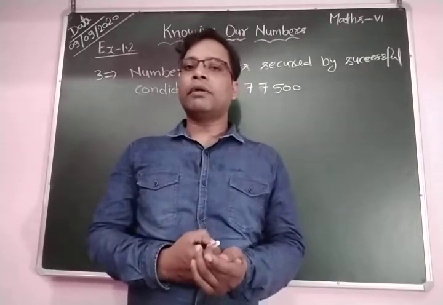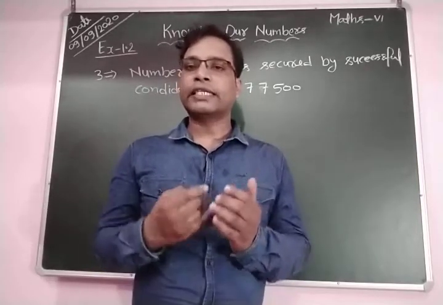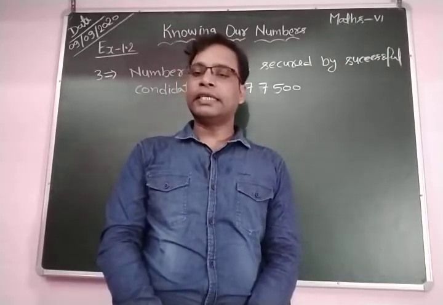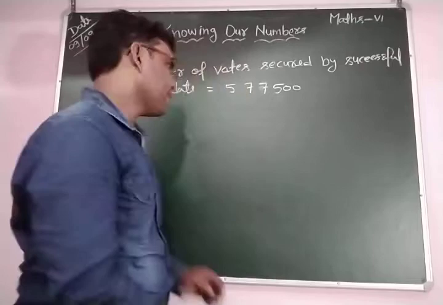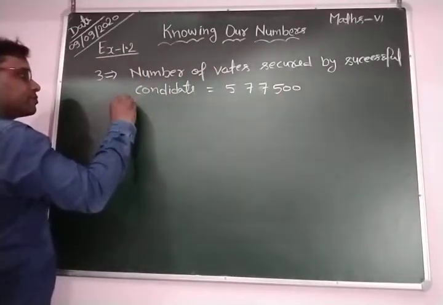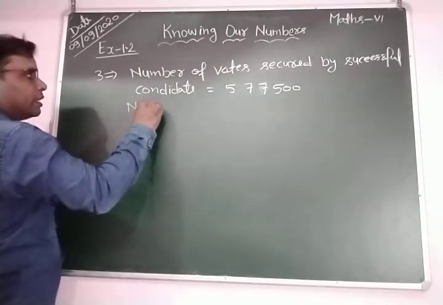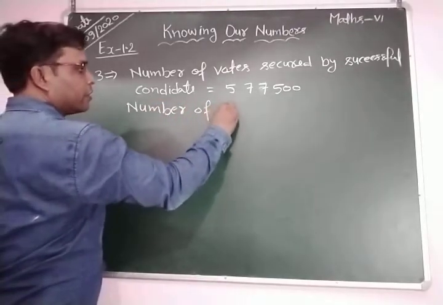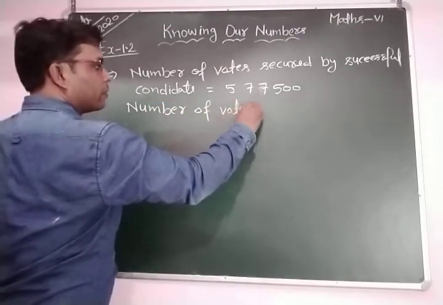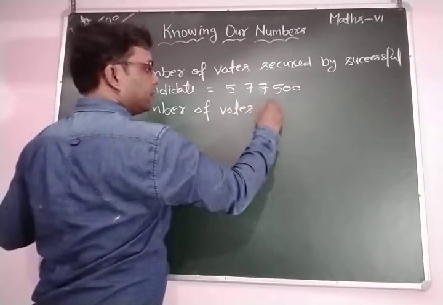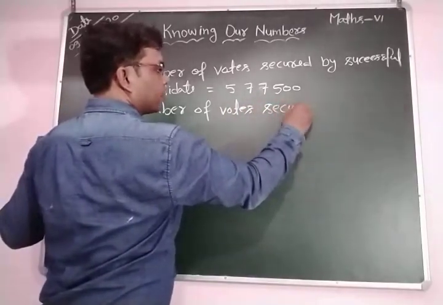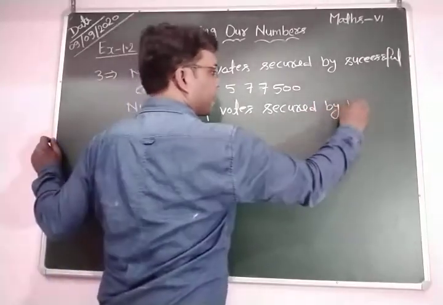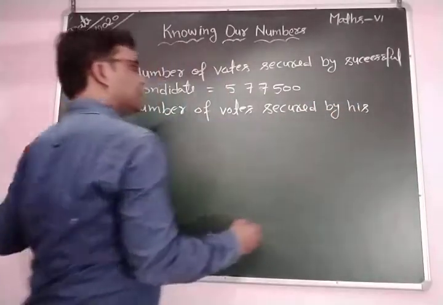Now in the next step we write number of votes secured by his nearest rival.